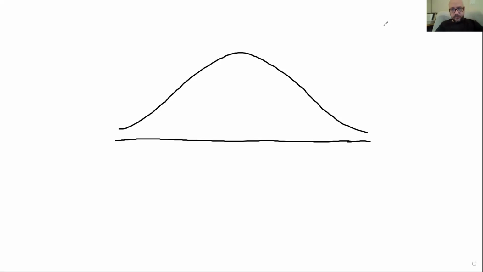So let's say this is T28. Again, the number of degrees of freedom is 28 here, so this is a sample size of 29 in this case.